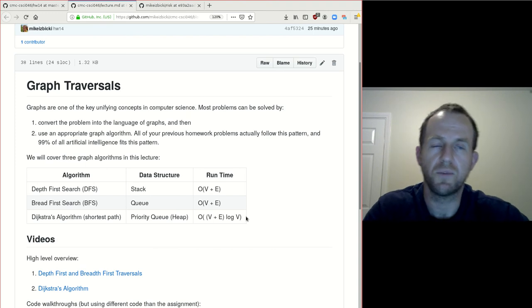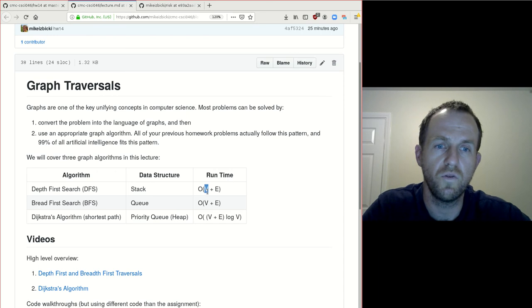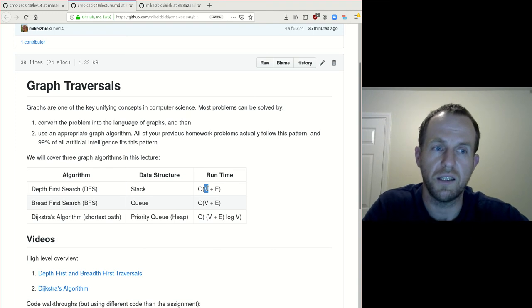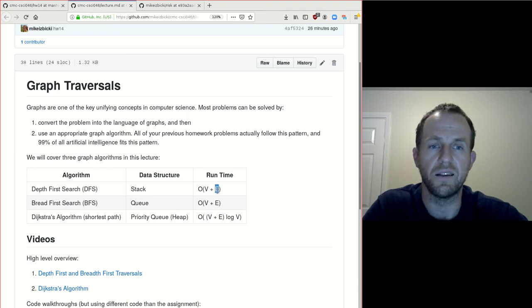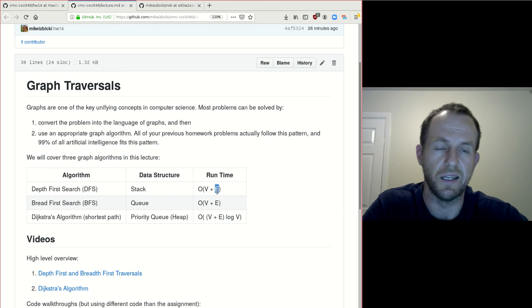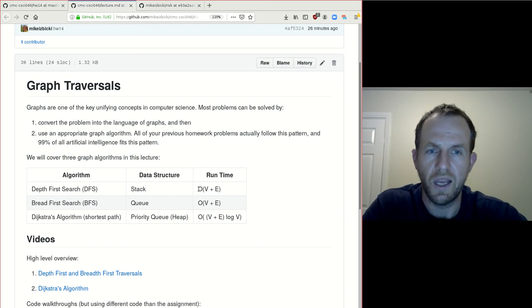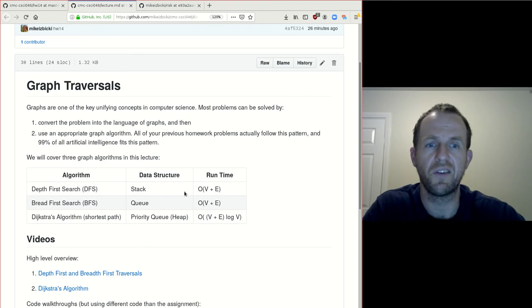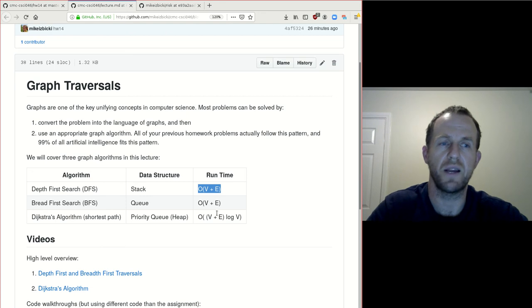These runtimes are a little bit more complicated than runtimes that we've seen before because there's two variables inside of this big O notation. This V is the number of vertices in the graph, and this E is the number of edges in the graph. It turns out that there are many, many representations of graphs, and so it's possible to rewrite these things in many, many different formulas.